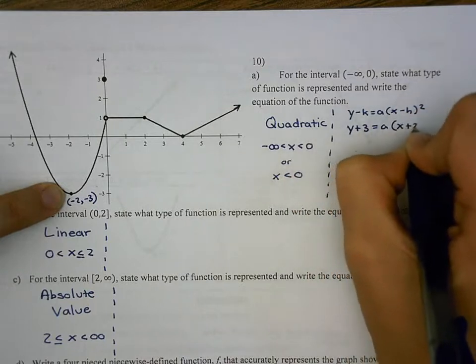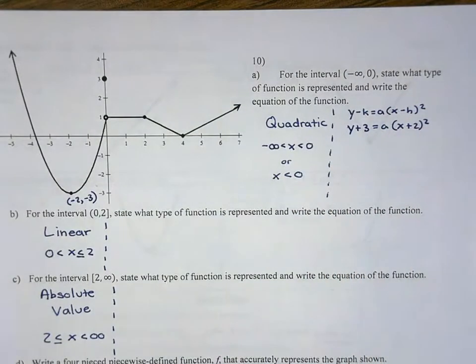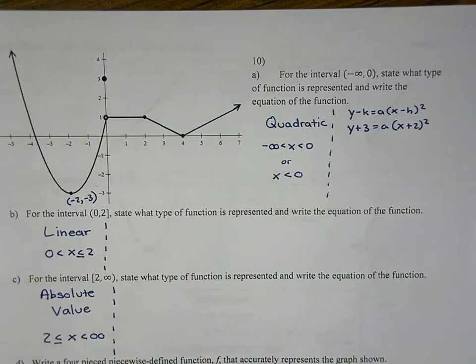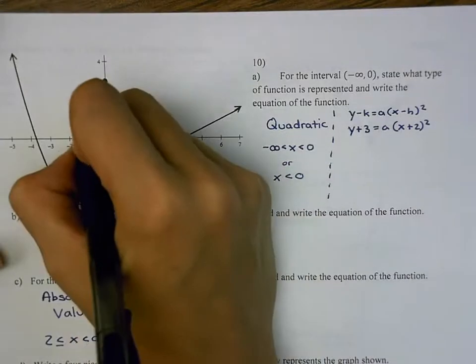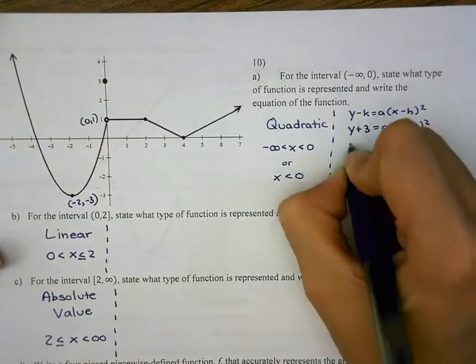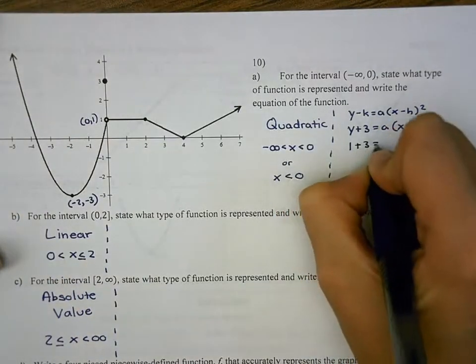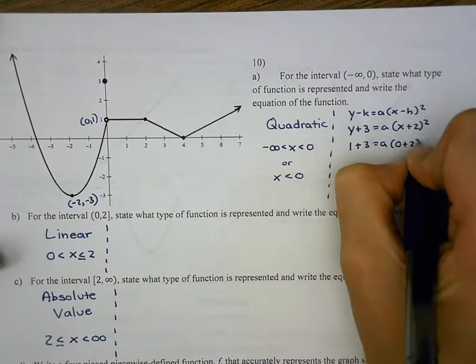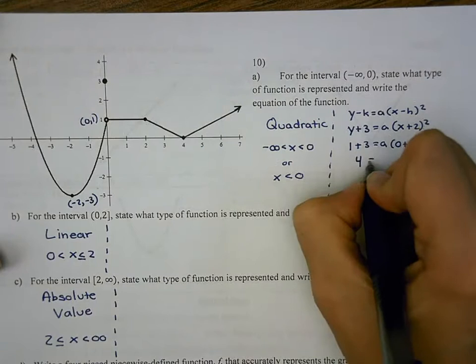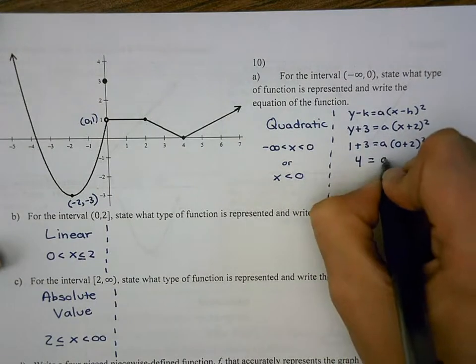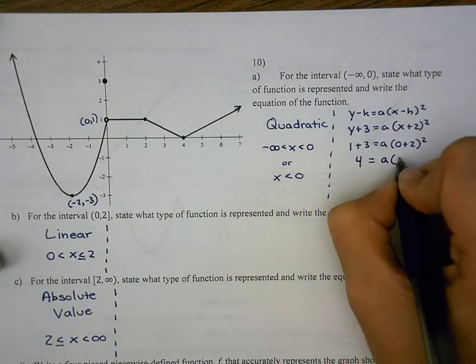Now use another point to solve for your a. I'm going to use the point 0, 1. 1 plus 3 is 4. 0 plus 2 is 2, squared is 4.